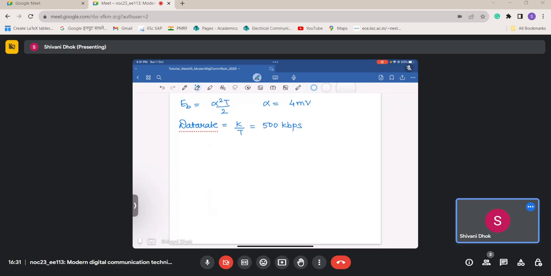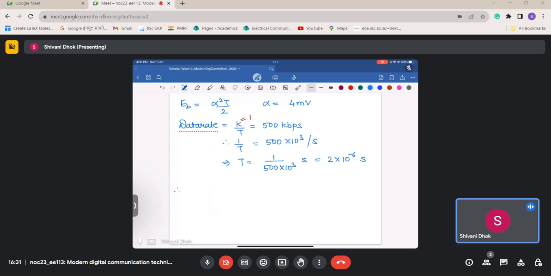Now we are having binary transmission, like binary FSK, which means that this k is equal to 1. So therefore we have 1 by T is equal to 500 into 10 raised to 3 per second, which implies that this T is equal to 1 upon 500 into 10 raised to 3 seconds, which is equal to 2 into 10 raised to minus 6 seconds. So now we have these values.